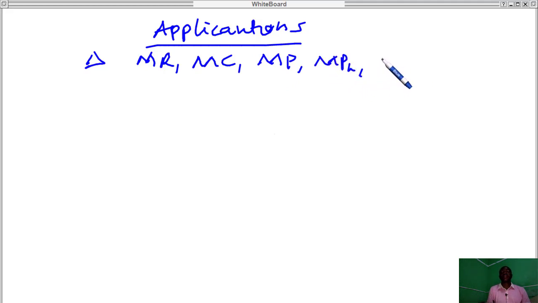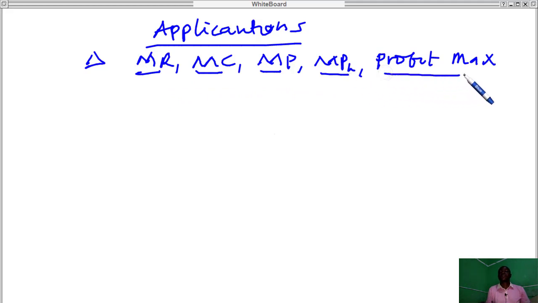We can also apply it to profit maximization. So when you are given a question to find marginal revenue, marginal cost, marginal profit, marginal product of labor or capital, or profit maximization, then you have to use calculus differentiation.